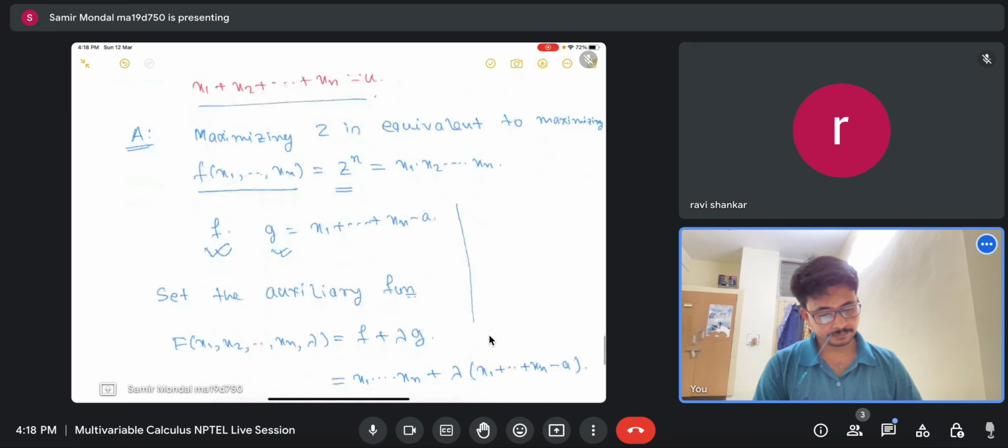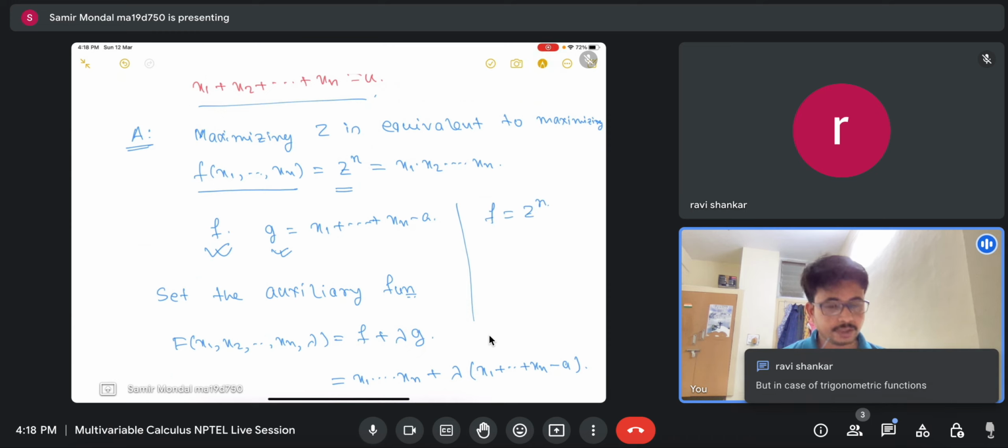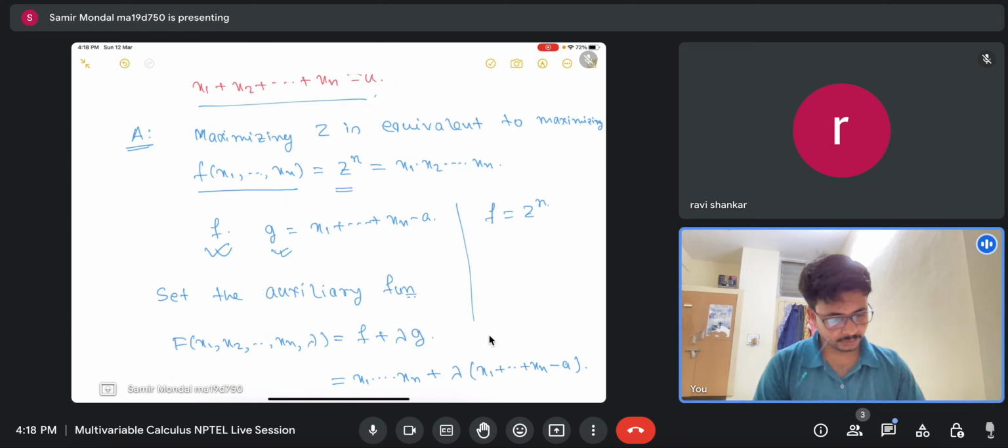Suppose f equal to g power n, when this is at its maximum.